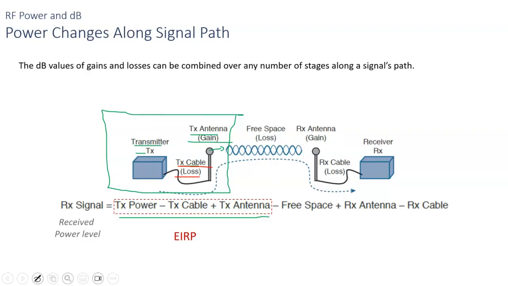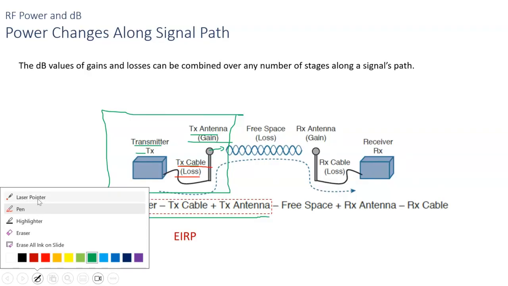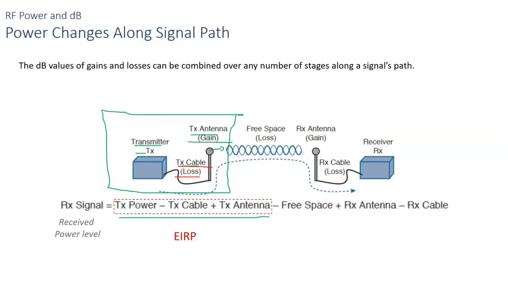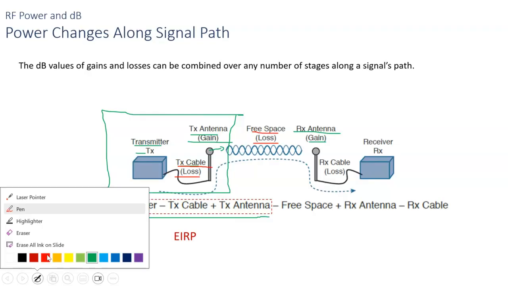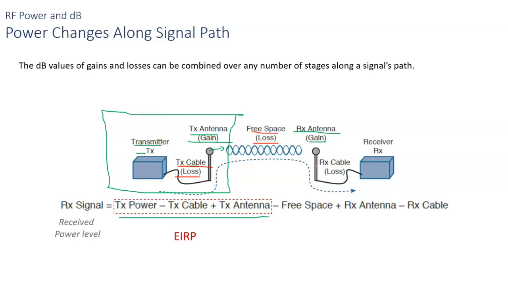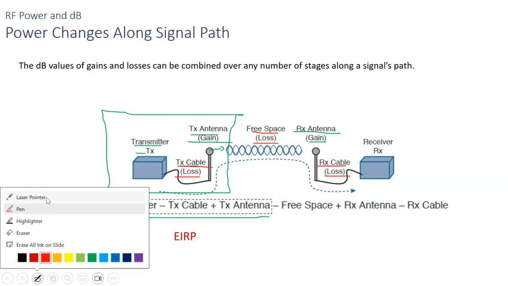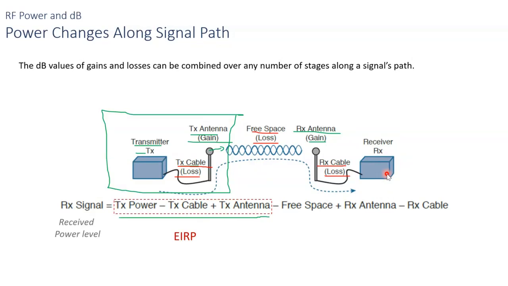Okay, let us continue. Minus a free space loss. This is loss. Plus receiver antenna gain, minus receiver cable loss. Then after that, I will find the value of the received signal strength.